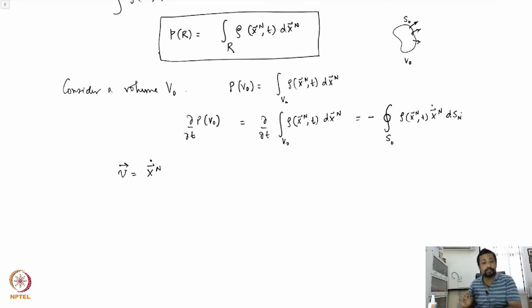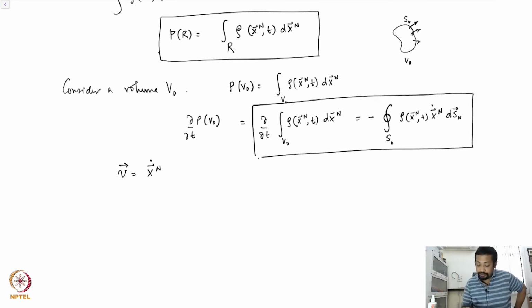This equation that you see over here is one of the forms of the continuity equation. So the change in the probability density within this region V0 is entirely due to the probability which is flowing out of the region through the surface that encloses V0, and that is the left hand side.